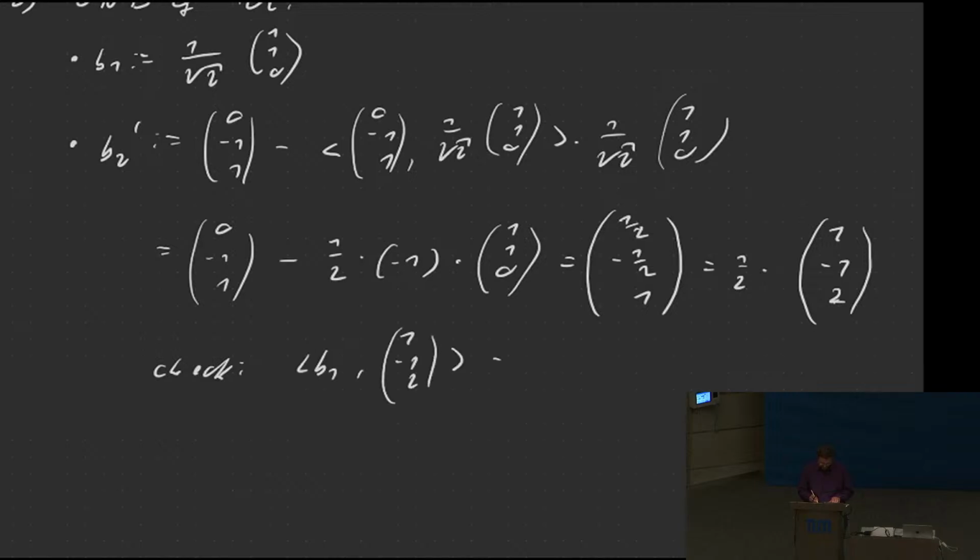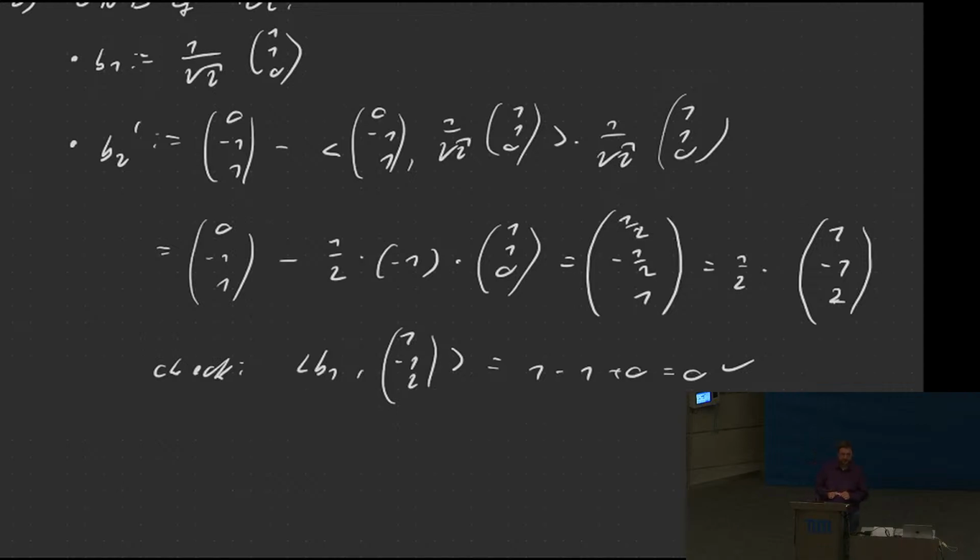Okay, let's take out the 1/2 factor, then we have (1, -1, 2). And just a quick check to see if those are orthogonal. The scalar product of B1 and this direction is 1 minus 1 plus 0, so that's 0.